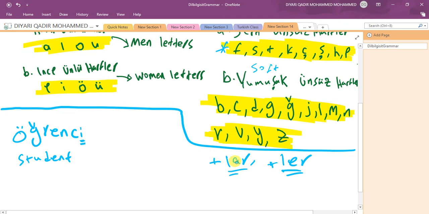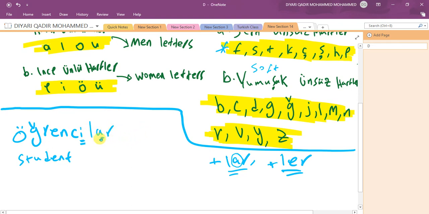For this lar, for example, this a is among the men's letters. So anytime the word contains any of these letters from the men's letters, we select this form. Is it suitable to just put öğrenci lar here? No, this is not suitable. Why?